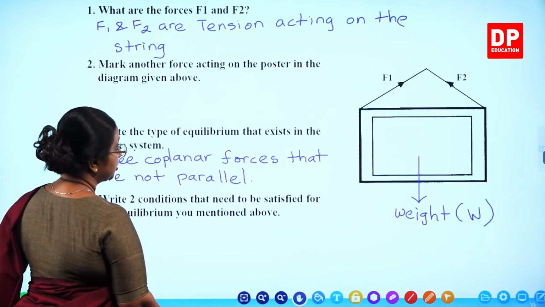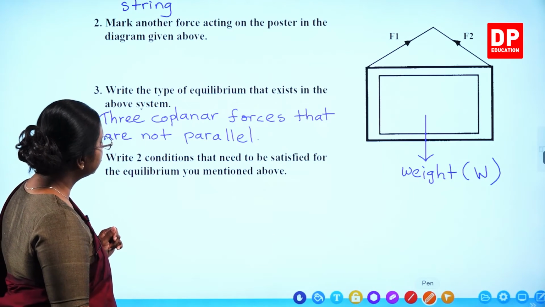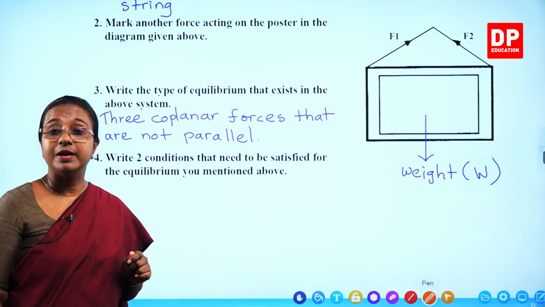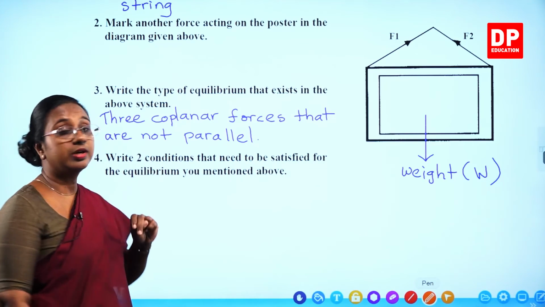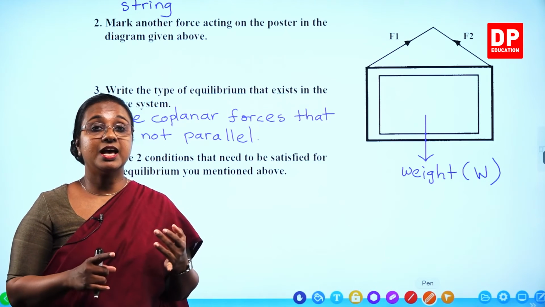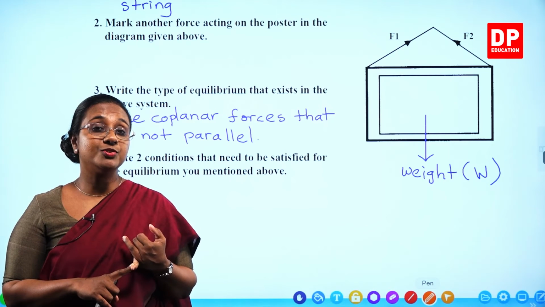Then the next question. Write two conditions that need to be satisfied for the equilibrium you mentioned above. Write two conditions. You all know, students, there should be three conditions. They have to be on the same plane, or they should be coplanar forces.